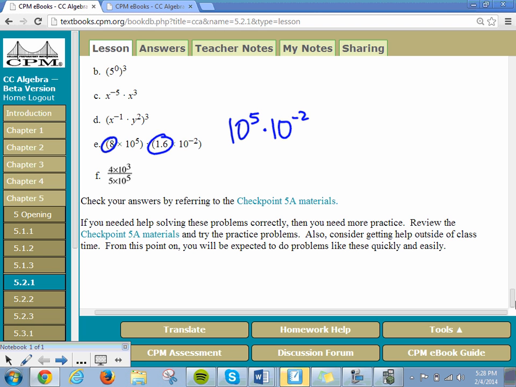This is just like what we were doing with variables. We know we have 10 times 10 times 10 times 10 times 10 over 10 times 10. And we know that wherever we see a match, we can get rid of it. 1 on the top, 1 on the bottom. So we're left with 10 to the third.